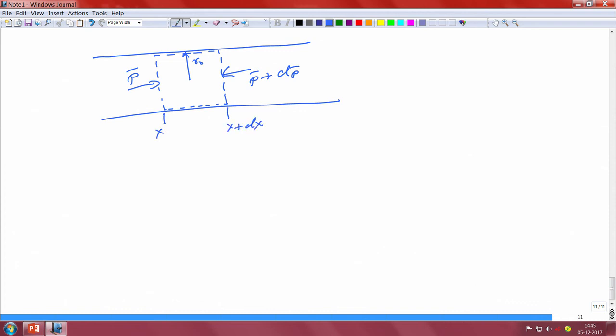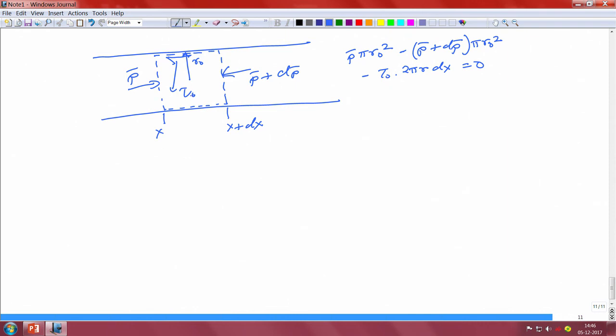If you do a force balance on this, you will have P bar into pi R naught square minus P bar plus dP bar, pi R naught square, minus tau naught into 2 pi R naught dx is equal to 0. Of course, you have the shear which is acting here, that is your tau naught.